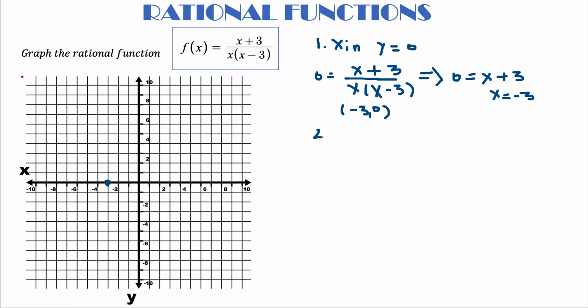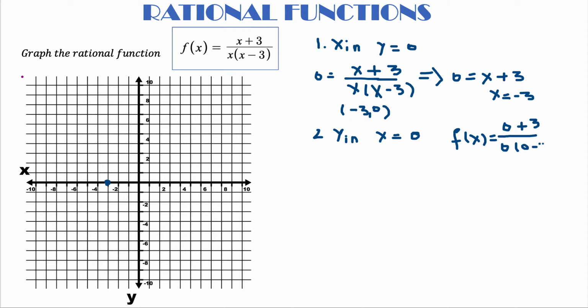And second is the y-intercept. If we are looking for the y-intercept, I'm going to set x equal to 0, everywhere x is going to be equal to 0. Now plugging in, f of x, or y, is going to be equal, instead of x I'm plugging in 0 everywhere, to 0 plus 3 over 0 times 0 minus 3.